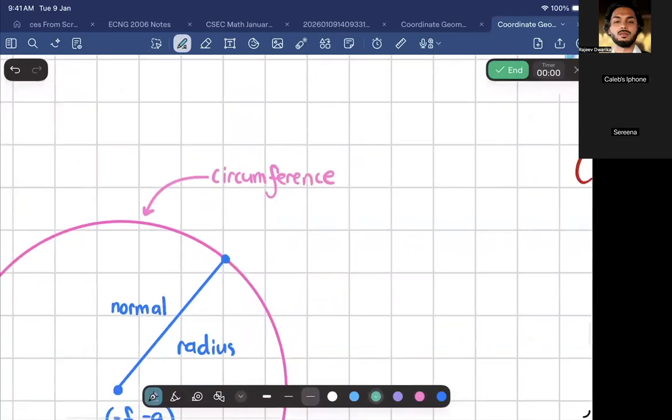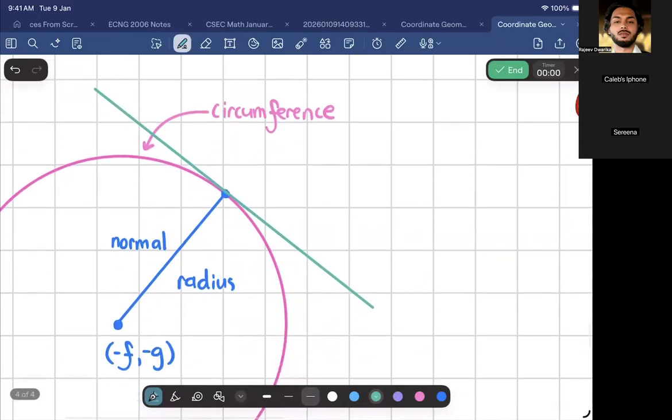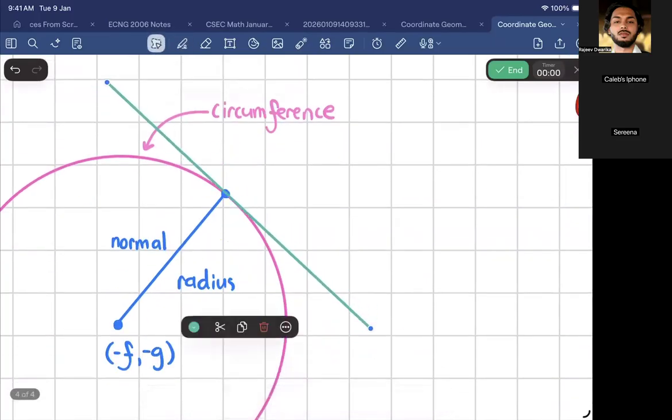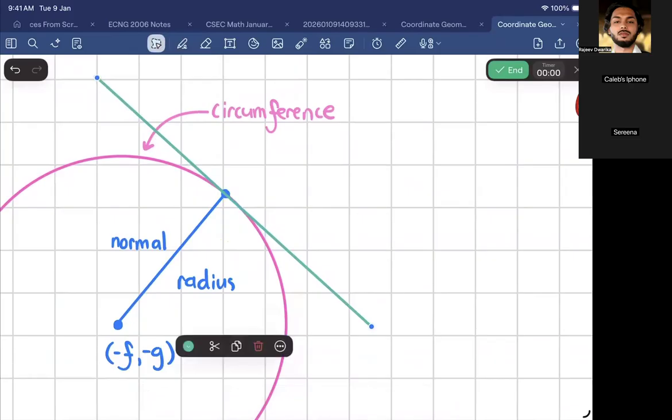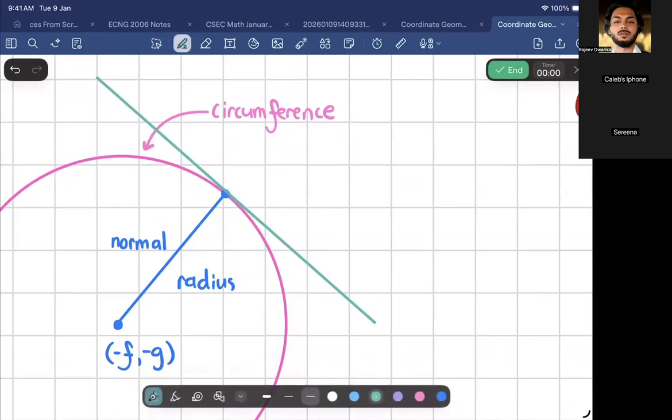Cool. And if I have a line that touches the circle at one point, what would you call that? Does anybody know?